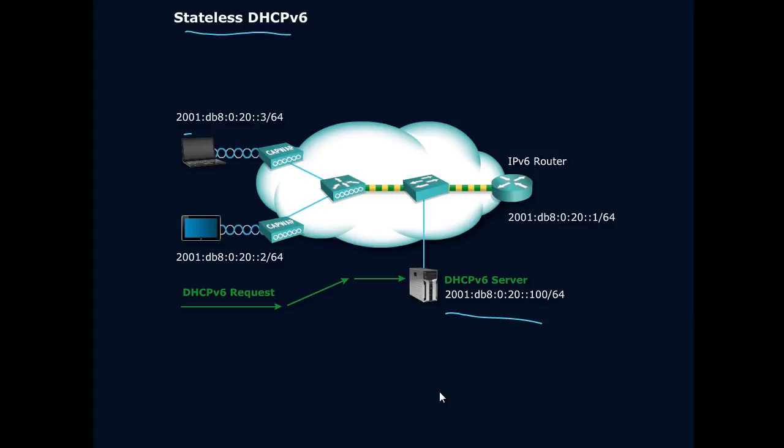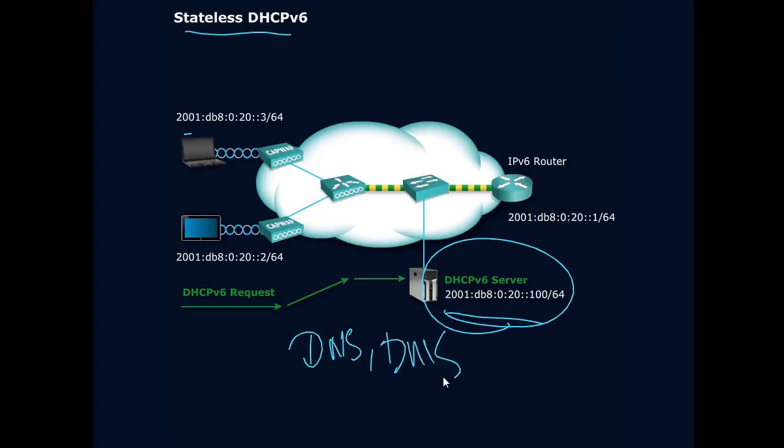But what we can do in stateless is we can say that the DHCPv6 server is going to provide information that our router advertisement just didn't carry, like our DNS domain, our DNS server. All this type of information that was not included in our router advertisement, we can now include, including vendor options.